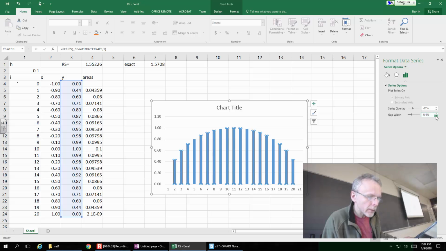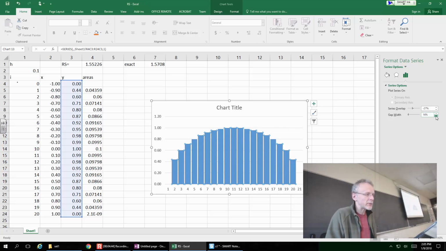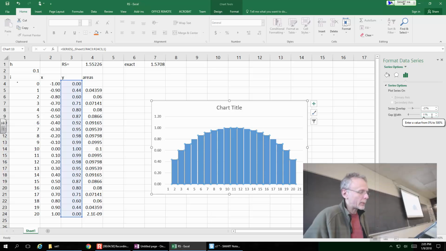Are they getting wider? I think they're getting wider. Yeah, so the point being that if you really want to speak of rectangles, these are the actual rectangles. It's certainly just a visualization, although done by Excel, but you can see now the widths and the heights are visible. The curve is not.